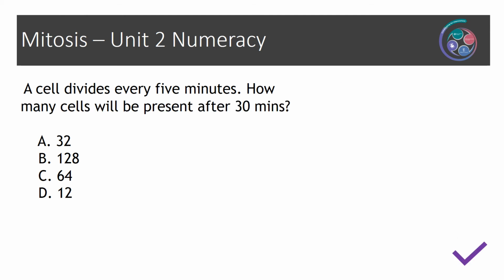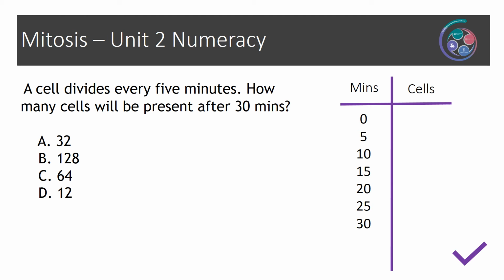We are now ready to correct your answer. So if a cell divides every 5 minutes, how many cells will be present after 30 minutes? I draw my T table, I add my headings, minutes and cells, and this time I know that the cells divide every 5 minutes, so I can go up in periods of 5 minutes.